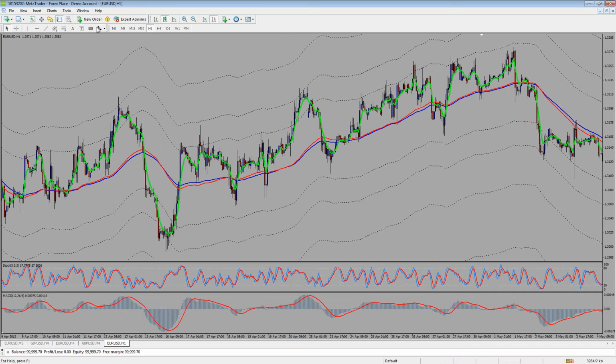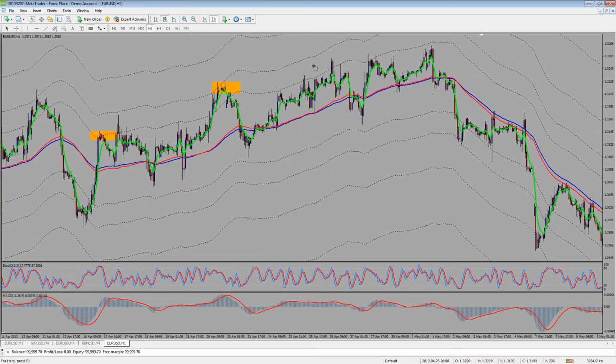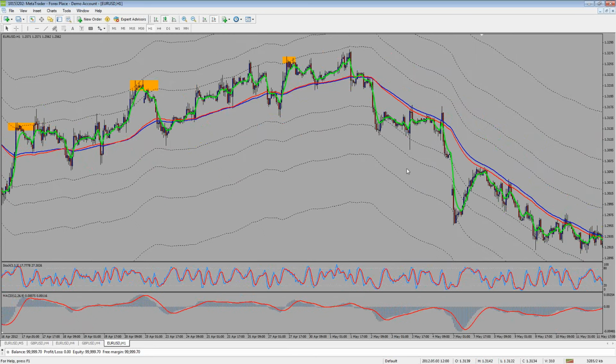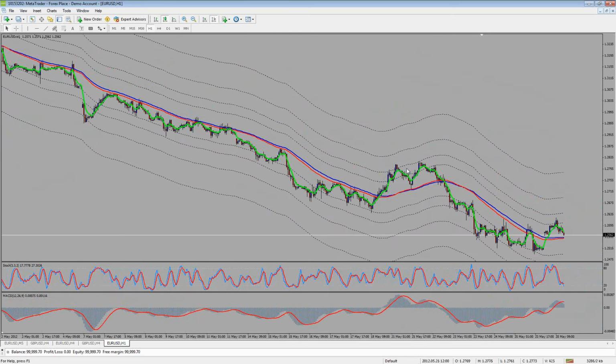You can see how many times they serve as resistance or support, here and in many other places. But again, you should look at them in addition to other indicators.